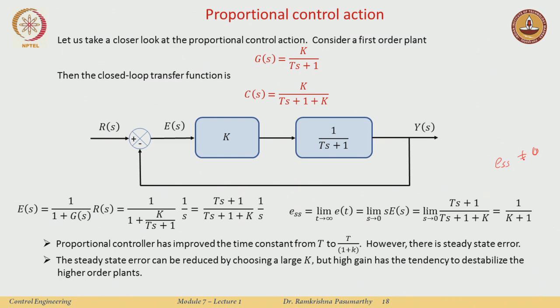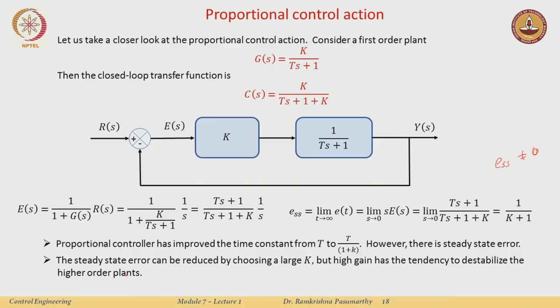Okay. Now, what does this proportional control do? Well, the first observation is that the proportional controller improves the time constant, which means the response is faster. On the flip side, there is a steady state error, right.